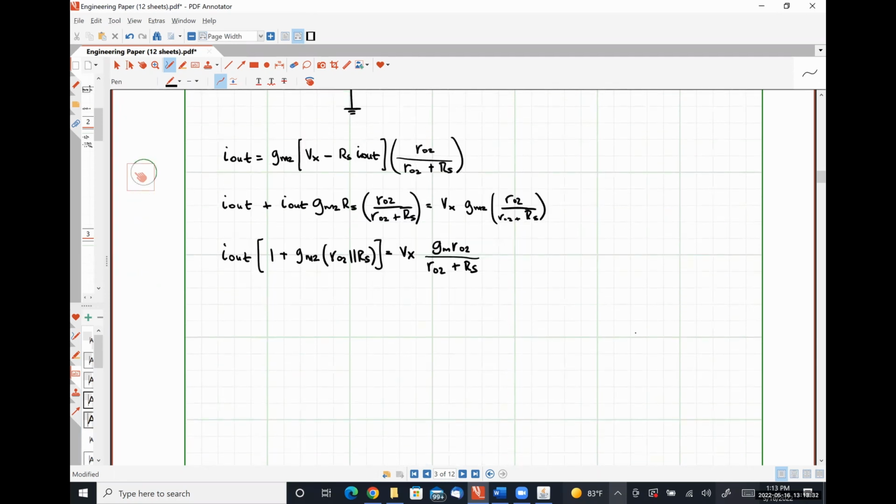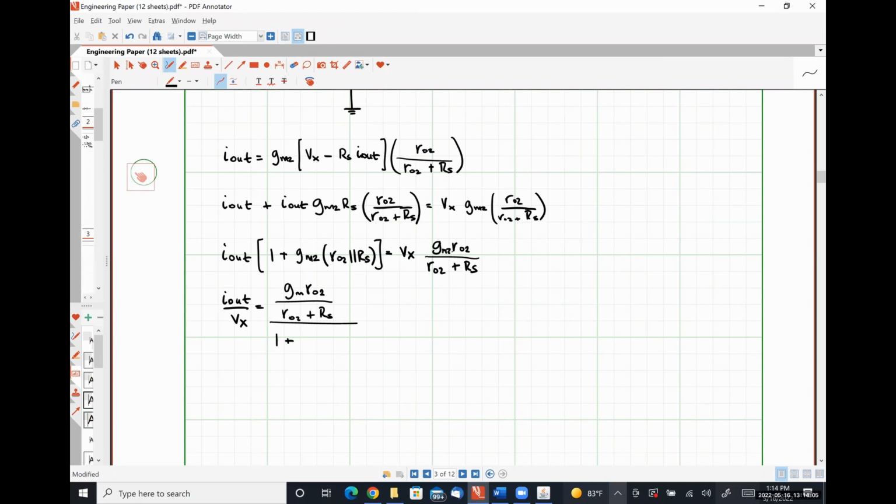And from here, I out over Vx looks like GM2 R naught 2 over R naught 2 plus RS divided by 1 plus, sorry, this GM here should be GM2.